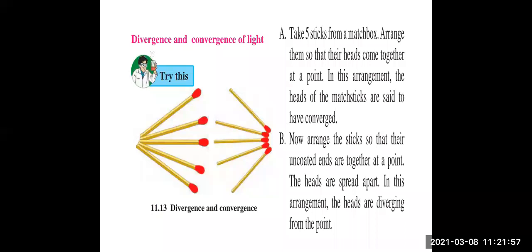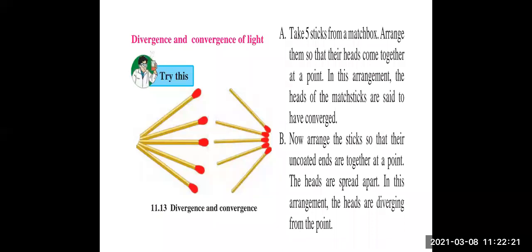In this arrangement, the heads of the matchsticks are said to have converged. When they come at one point, they are said to follow the rule of convergence of light. Now vice versa, when they are spread, it will be called divergence.